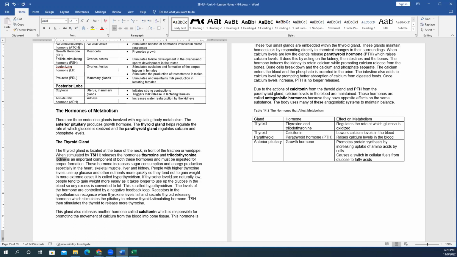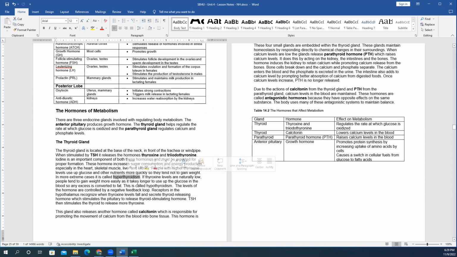And people who have high thyroxine levels tend to have high glucose metabolism and also use up other nutrients more quickly when their levels of thyroxine are high. So they tend not to gain weight, and in some extreme cases, this is called hyperthyroidism, where you're hyperthyroid.